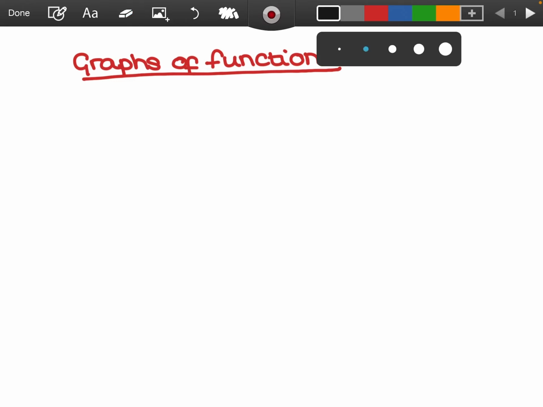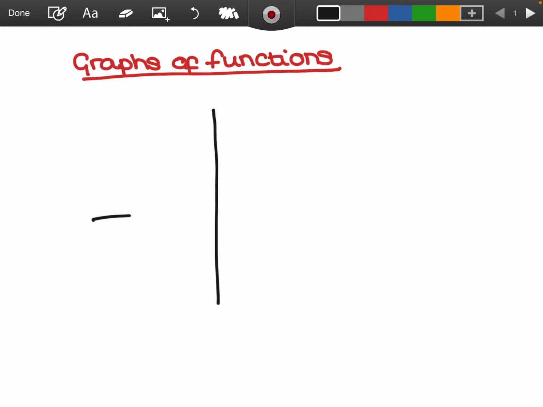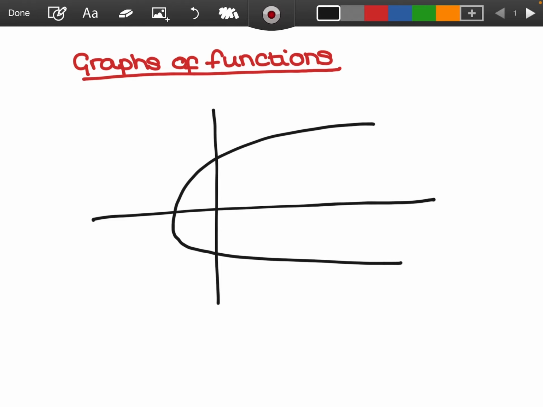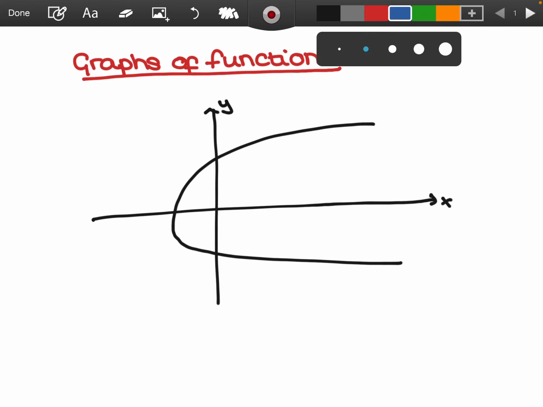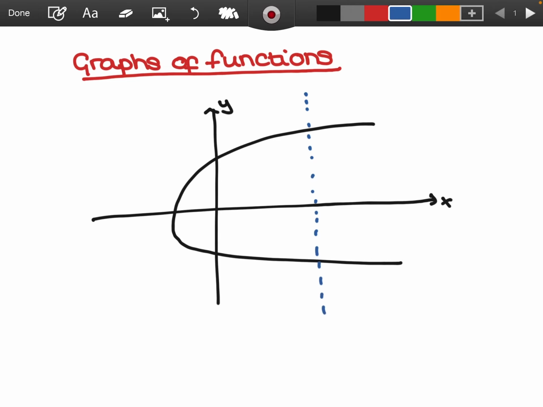Okay, so for example, if I go ahead and draw this graph. I've got my x-axis and my y-axis. This does not represent a function because I can draw a vertical line at some point on my x-axis and I cross two different points on my graph.